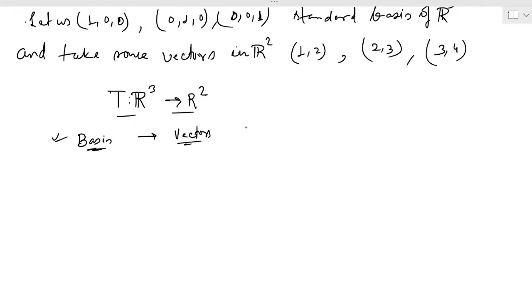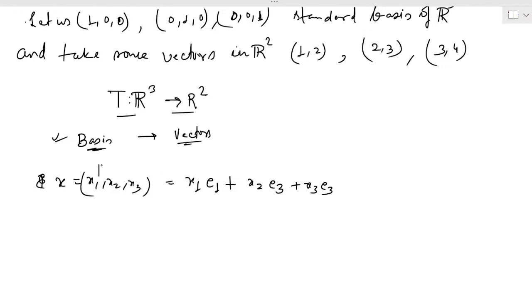Indeed, you know that if these are the standard bases, then any x, like if I want to write x = (x1, x2, x3), I can write it as x1 e1 plus x2 e2 plus x3 e3, right?